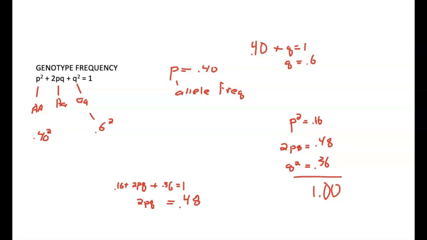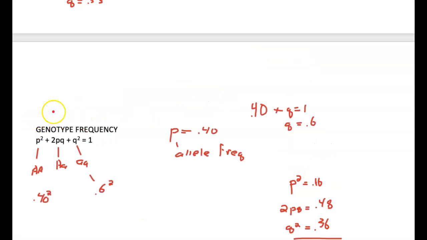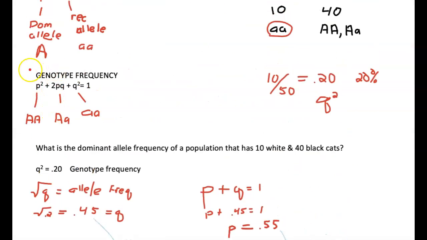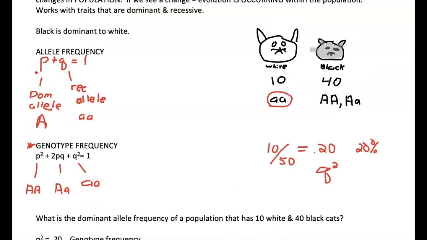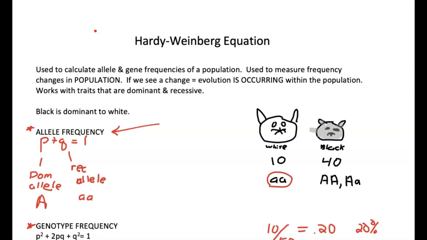That is the power of Hardy-Weinberg, to be able to work through this equation, or both of these equations. The genotypic equation and the allele frequency equation. Generally, this is our starting point right here. I said I can look at this population and tell you how many white versus black I see, and from there, everything else is just basic algebra.